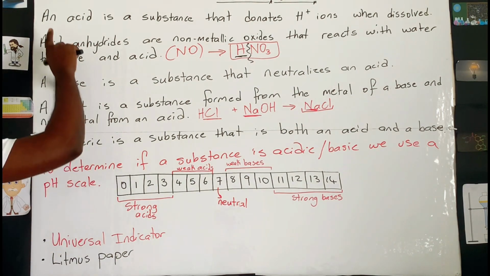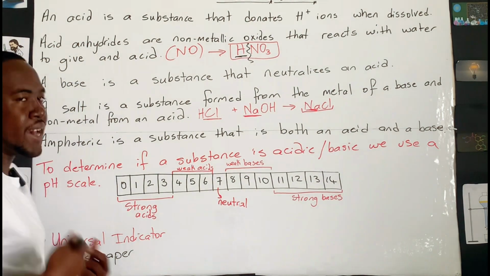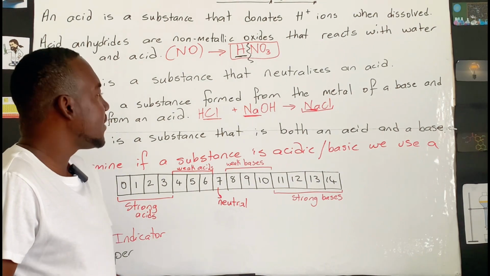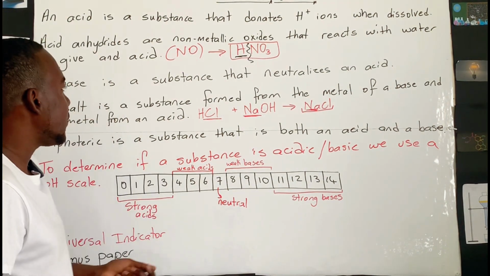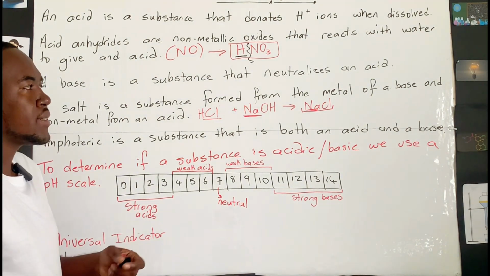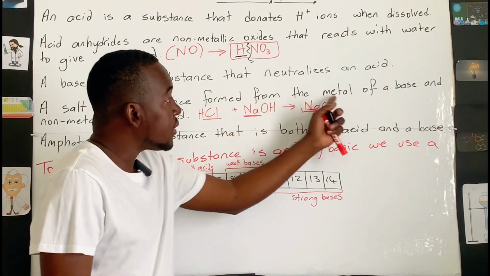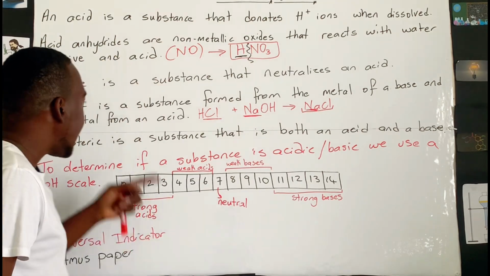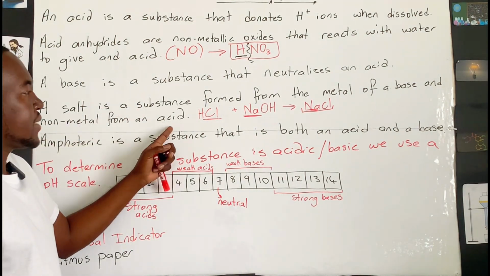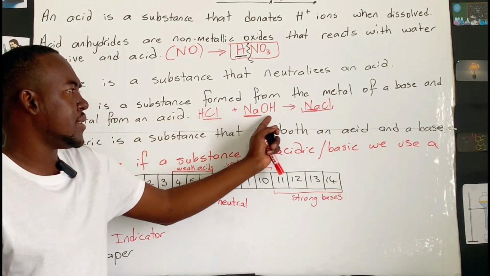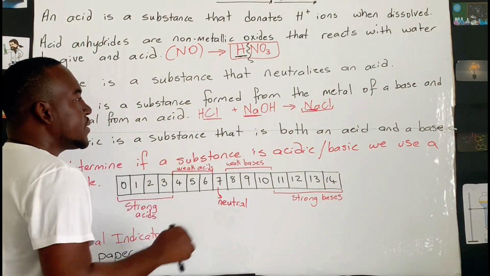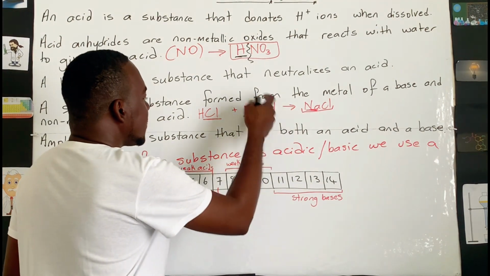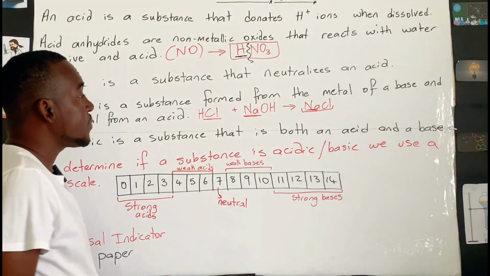If we mix these two together, an acid and a base, then we always get a substance called a salt. A salt is a substance that is formed from the metal of a base and the non-metal from an acid. If we look at this example here, we have HCl, hydrochloric acid, plus NaOH, sodium hydroxide, which is the base.